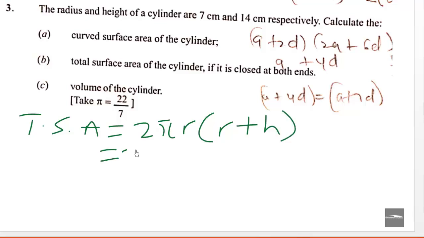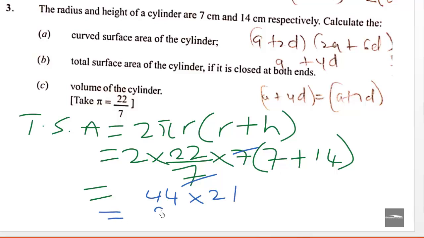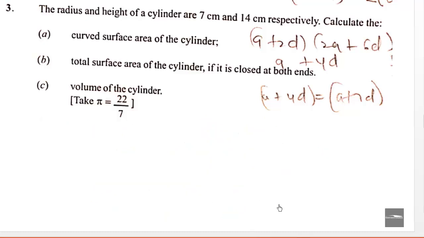So we substitute 2 times 22/7 times r, which is 7, times 7 plus 14. And that will simplify to 44 times 21, which will give us 924 centimeters squared. Now let's look at the volume of the cylinder.